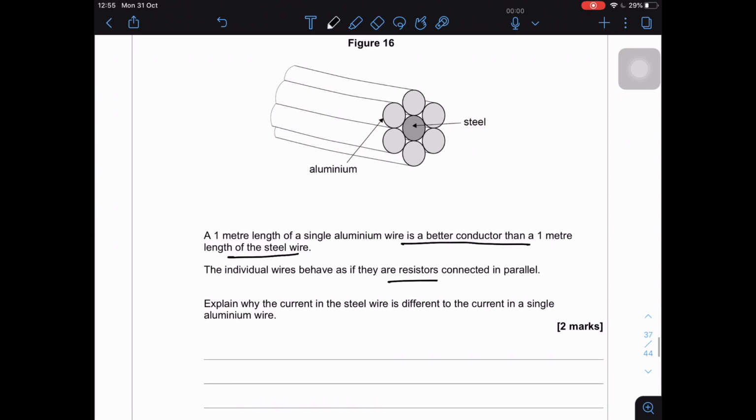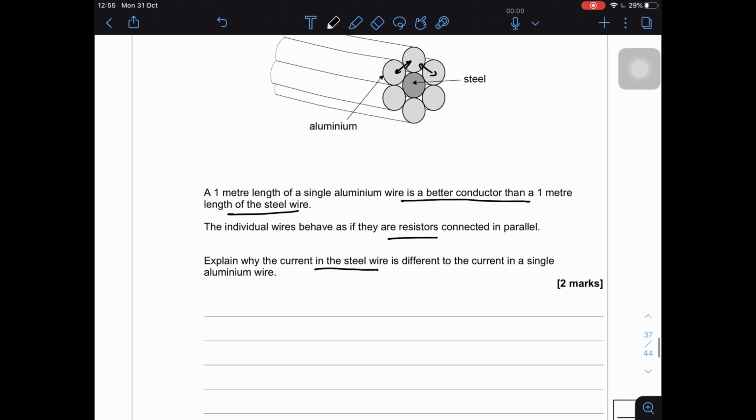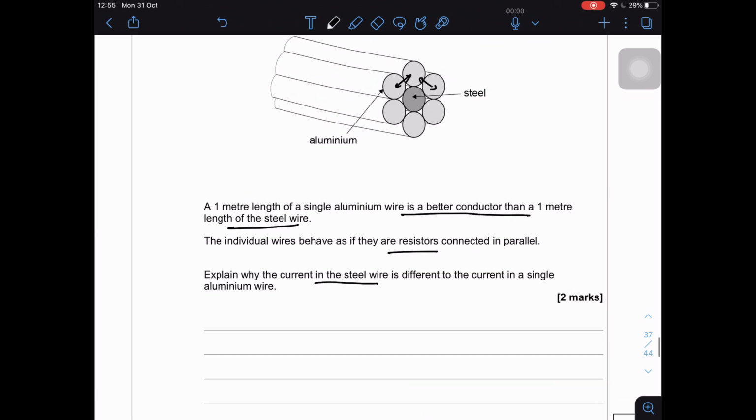So each of these wires acts as if they are resistors connected in parallel. Explain why the current in a steel wire is different to the current in a single aluminum wire. So they are asking you why the steel wire is different from the aluminum wires.